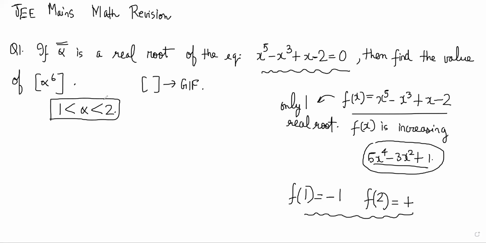That's fine, but the problem is that alpha power 6 can be up to 64 now. You need to know a little more detail, then only you will be able to find GIF of alpha power 6. So if alpha is a root, you have this equation: alpha power 5 minus alpha power 3 plus alpha minus 2 is 0.